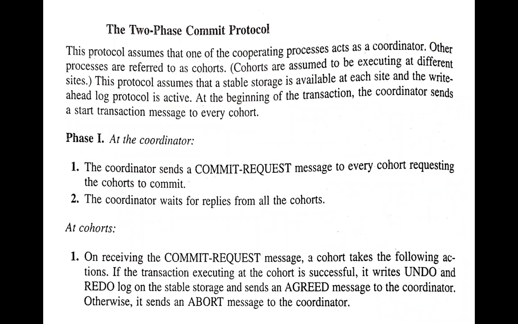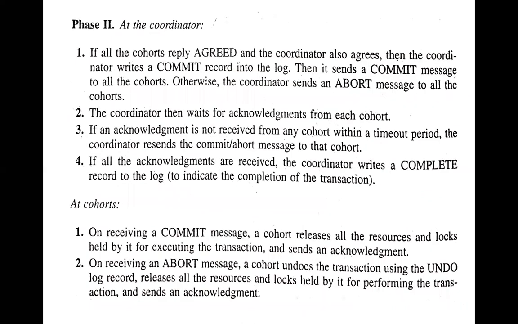And once this message has been received by the cohorts, if the transaction they are executing is successful, they log their record in the stable storage and send an agreed message to the coordinator. And if the transaction being executed at the cohort is not successful, it sends an abort message to the coordinator. So this is phase number 1.